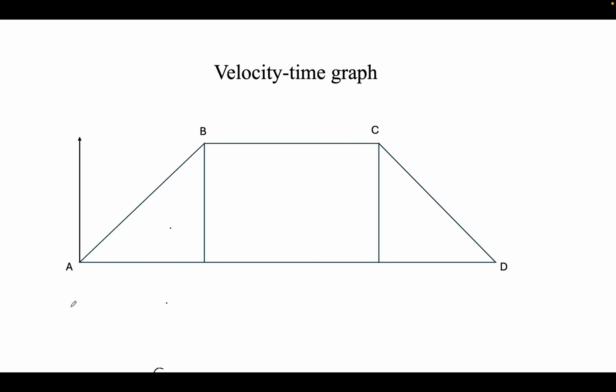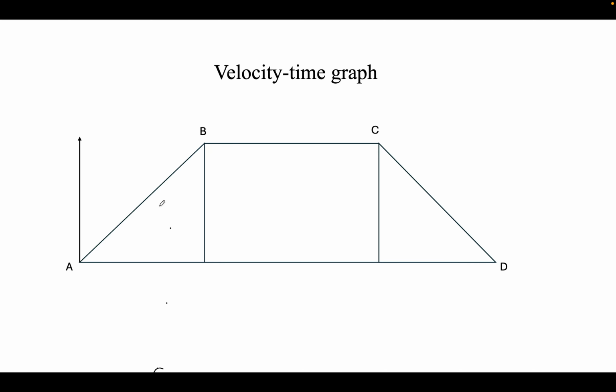Today we are going to talk about velocity time graph. So velocity time graph is a graphical representation which shows how the velocity of an object changes with time. So this is a typical example of velocity time graph, and in this velocity time graph we have three sections.